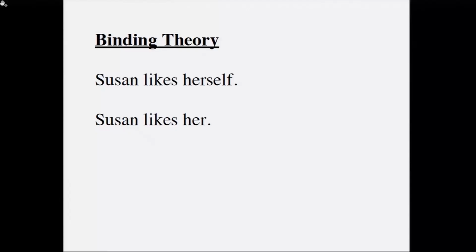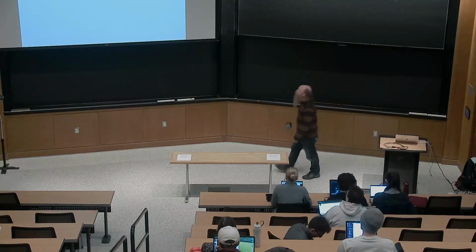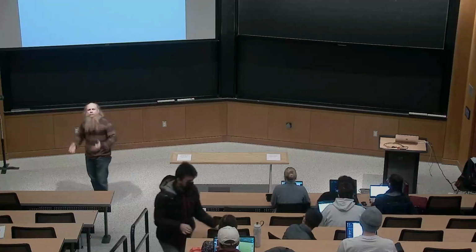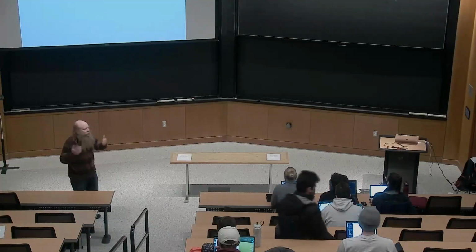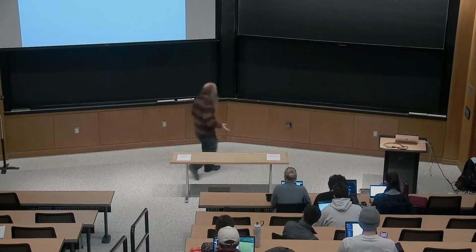Binding theory is the theory that's meant to handle facts like the facts on this slide, namely that these are both grammatical sentences, but that they mean different things. The first one, Susan likes herself, you could paraphrase as Susan likes Susan. So herself has to refer to Susan. And possibly relatedly, Susan likes her.